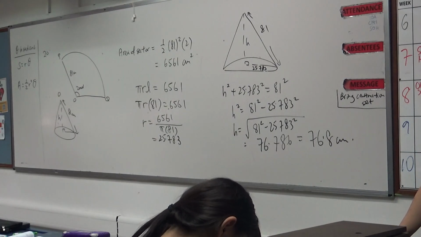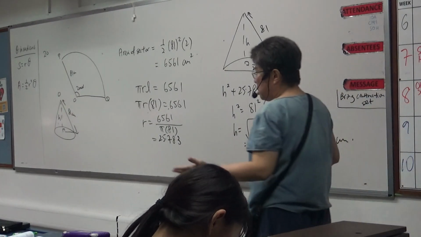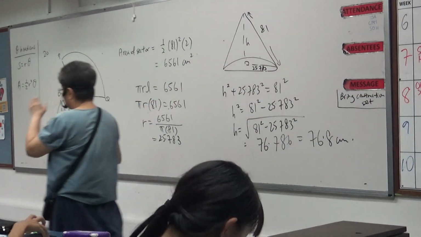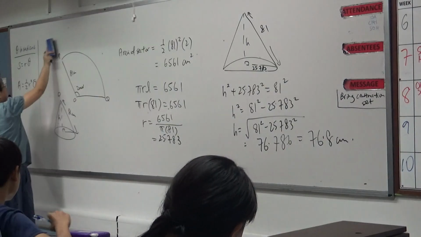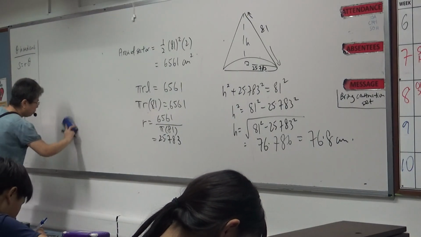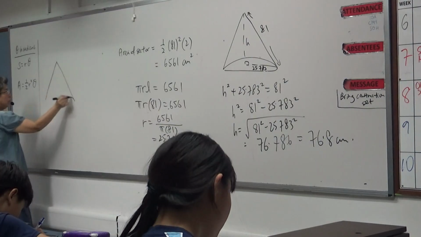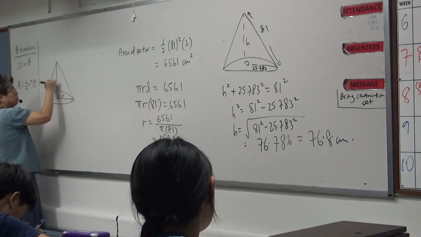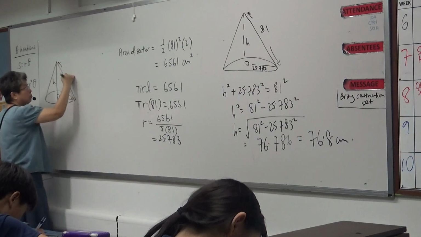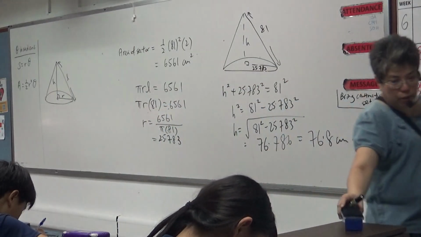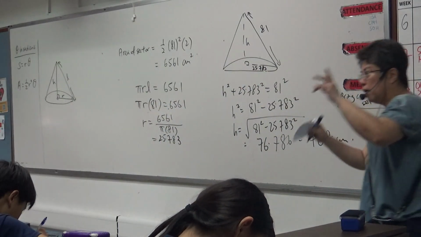Is this correct? Now, some people are asking me about the curved surface area of the whole. Okay, I'm going to revise now. This is a cone, right? If it's a solid cone, that means got curved surface, got base.